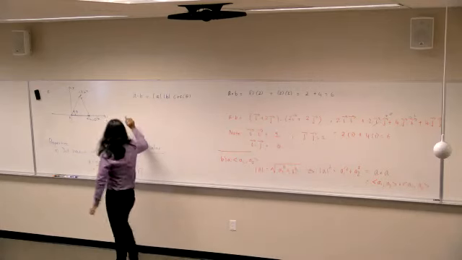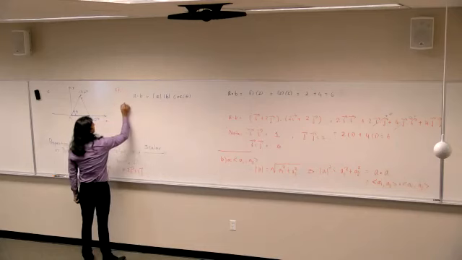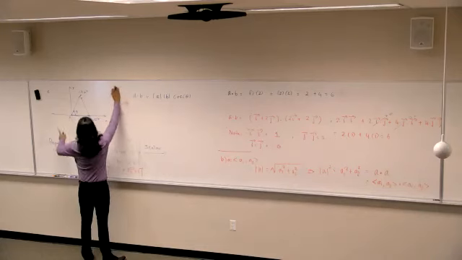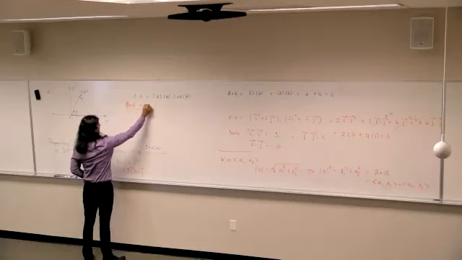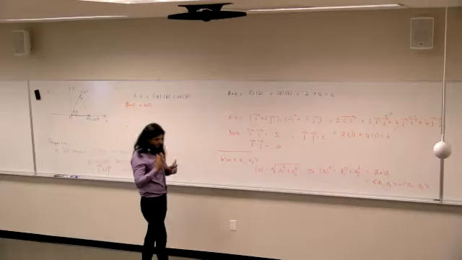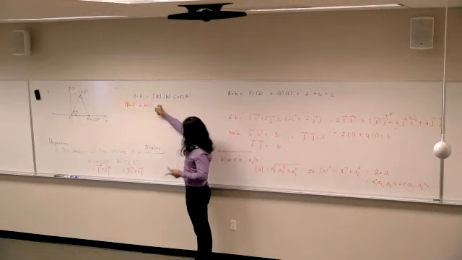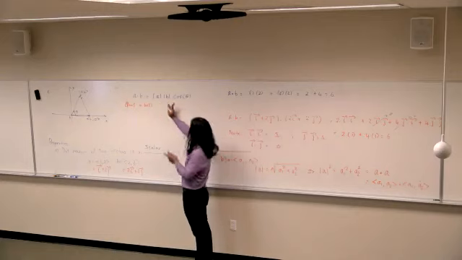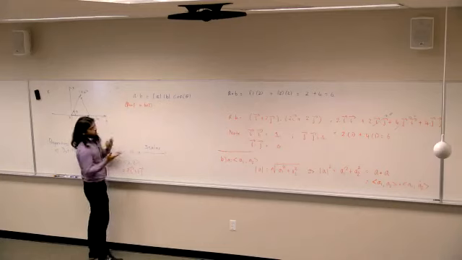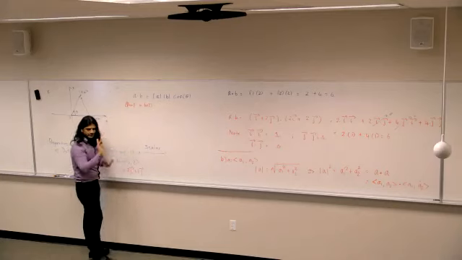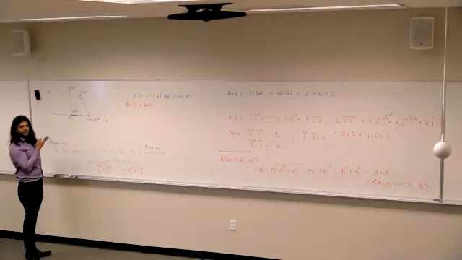If you're interested in the proof, you can refer to the text. It's not required for this class. So the dot product between two vectors is the magnitude of A multiplied by the magnitude of B times cosine theta. If you rearrange this, we can get the value of theta, the angle between the two vectors.